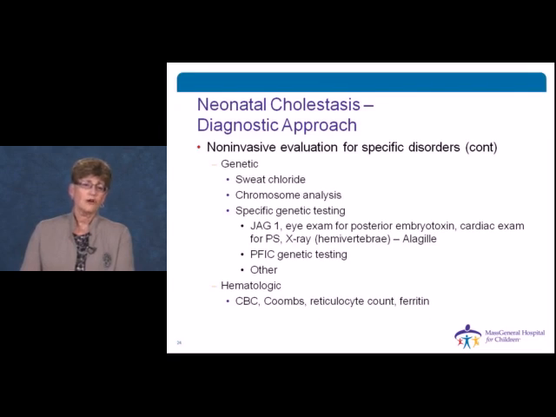Again, the chromosome analysis certainly doesn't have to be done early on right away, but we know a lot more now than we did 20, 30 years ago, and so we can certainly define the cause of the cholestasis much more easily these days. And then specific genetic testing, and we'll talk about these as we move on through the talk. And then hematologic evaluation, Coombs testing, reticulocyte counts, are they hemolyzing, and a ferritin level looking for what we used to call hemochromatosis, but it really is a nonspecific measurement of liver inflammation.